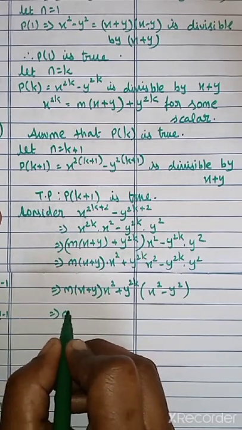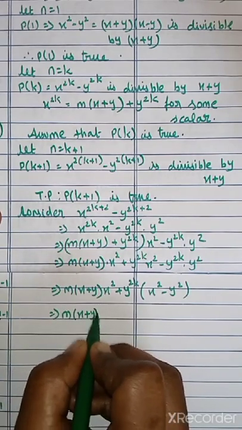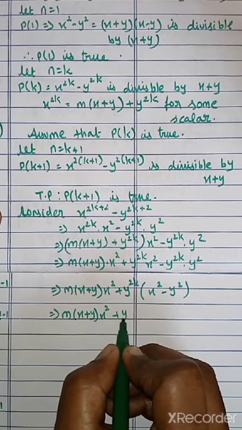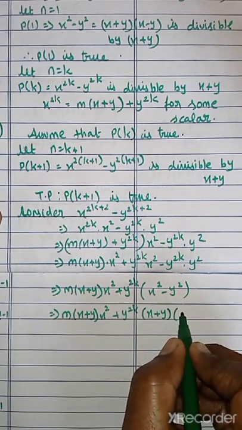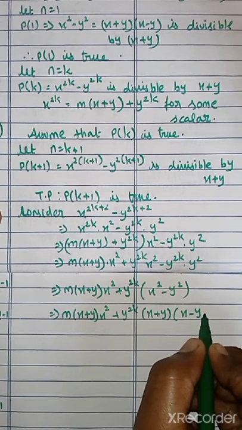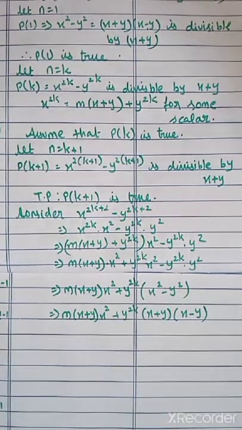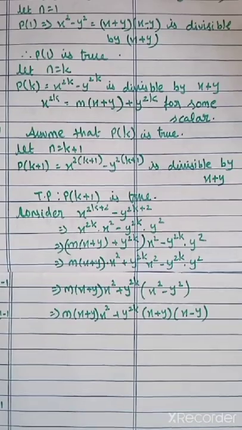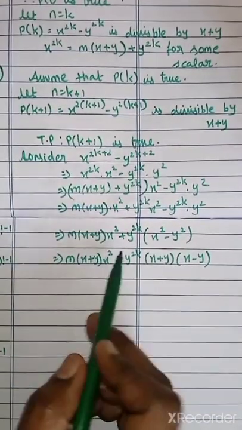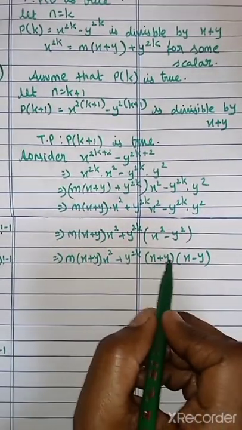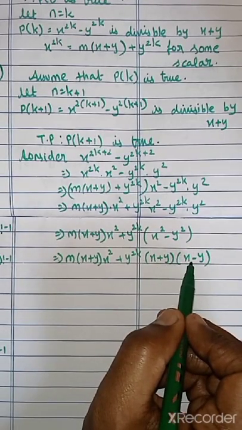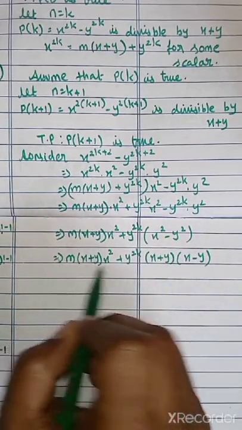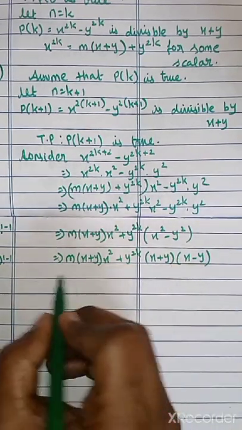Again we can write this m of x plus y into x square plus y power 2k, this you can write as x plus y into x minus y. Now look at here, x plus y. So first term, definitely this will be divisible by x plus y. Second term also has x plus y, which is divisible by x plus y. So this whole term is divisible by x plus y.